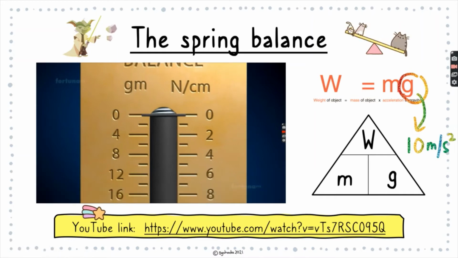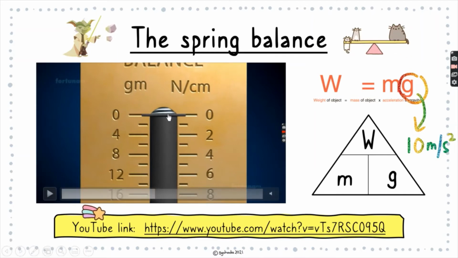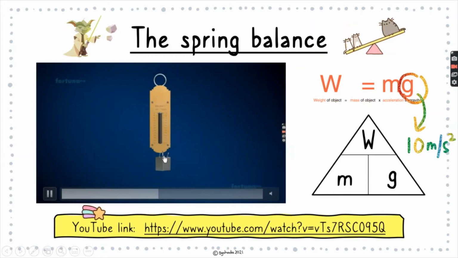This happens with a bathroom scale sometimes, if it's not the digital one, you have to calibrate it back to 0. Okay, so once it's at 0, then you can start to put a load on it.